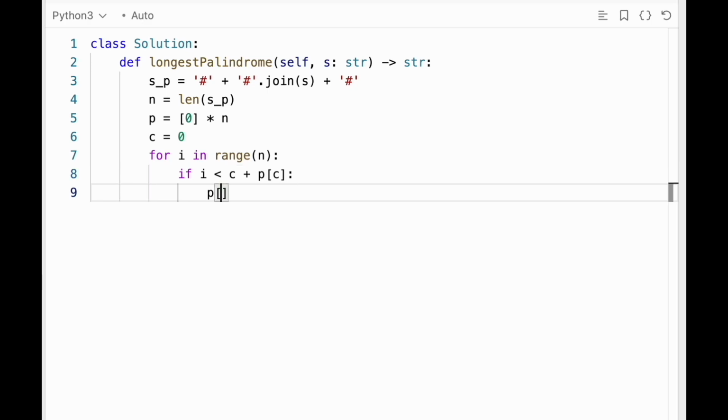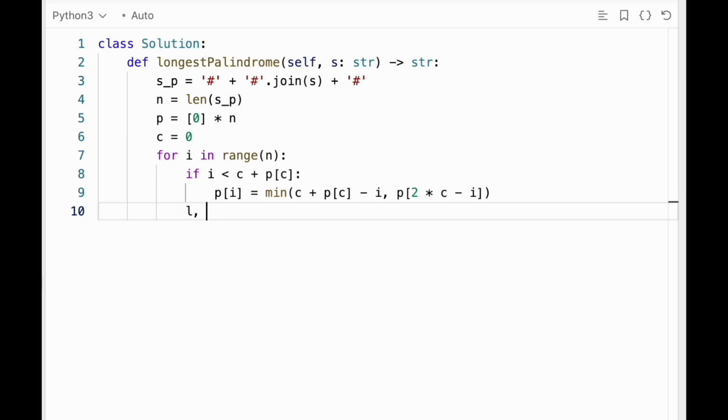So in that case, we set p of I equal to the minimum of the rightmost character of the previous palindrome, which is c plus p of c, minus I, or p of the index of the mirror of the current character, which is 2 times c minus I. Next, we set L equal to I minus p of I minus 1, and R equal to I plus p of I plus 1, and we extend these pointers outwards until we find the characters that are not equal.